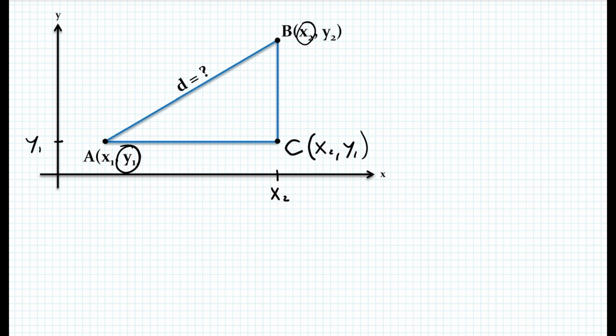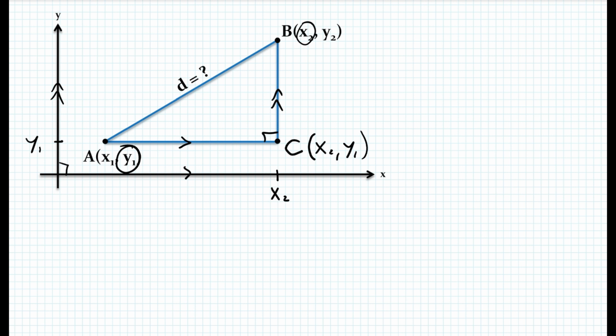Okay, so notice that when we draw these lines here, we make sure that segment AC is parallel to the x-axis, and segment BC is parallel to the y-axis, okay? We also know that the x and y-axis, by definition, are perpendicular. So therefore, angle ACB has to be a right angle as well.